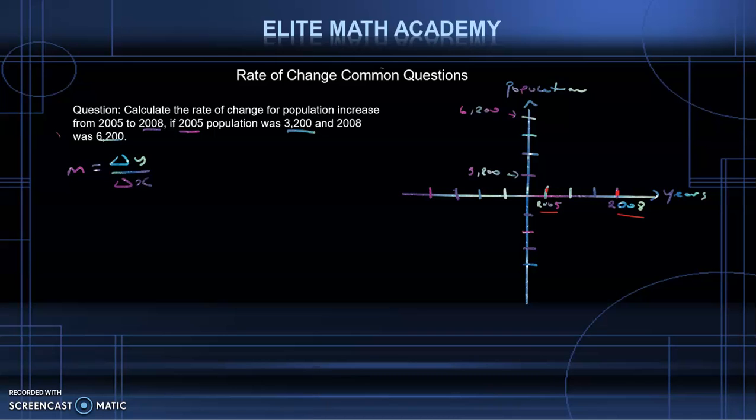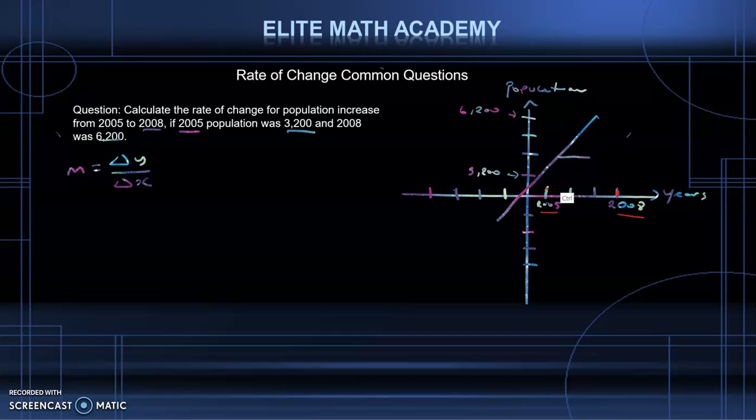Now let's try to draw a linear graph with this information. It will look something like this. And our rate will be the slope of this line, which will be rise over run.